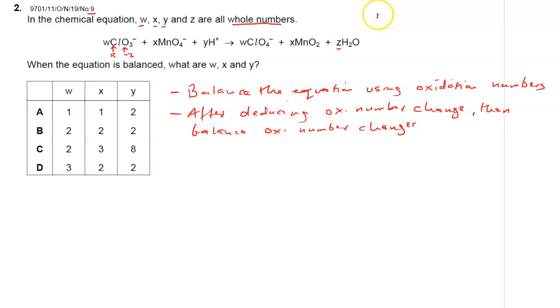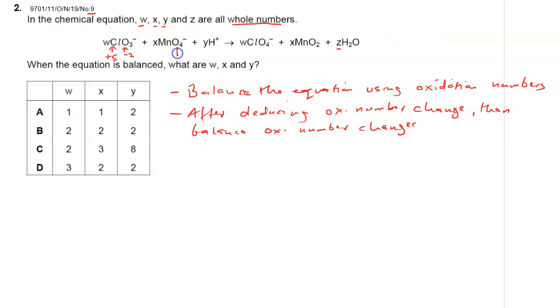Then we can write K plus 3 times -2, which is -6, should be equal to -1. So K minus 6 is equal to -1. Therefore, K is equal to plus 6 minus 1. That will give us plus 5. So the oxidation state of chlorine here is +5. All right, work it out that way.